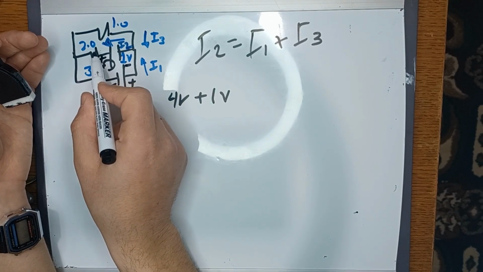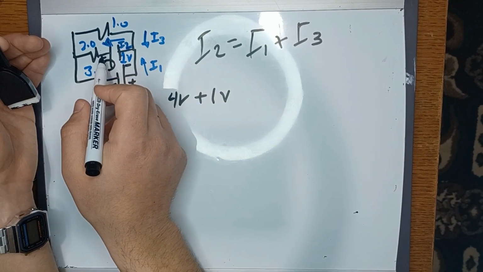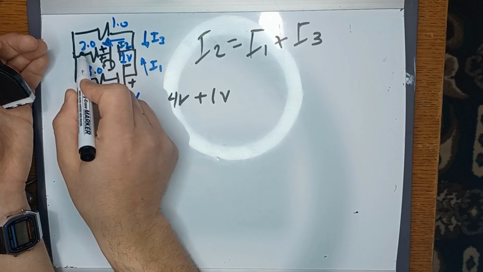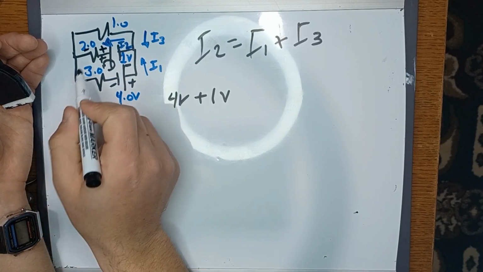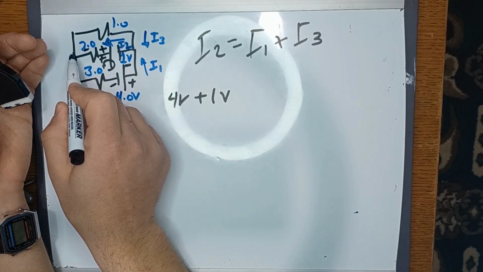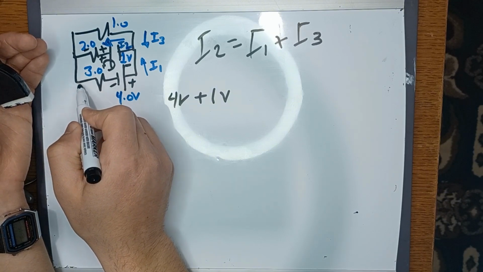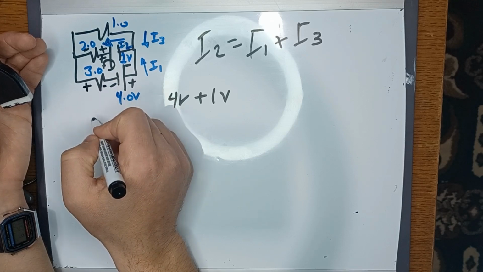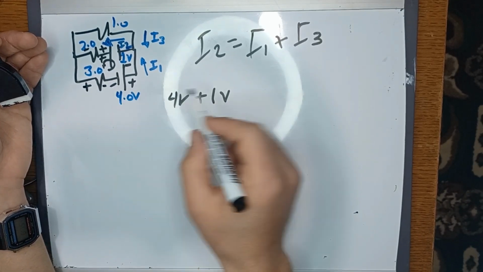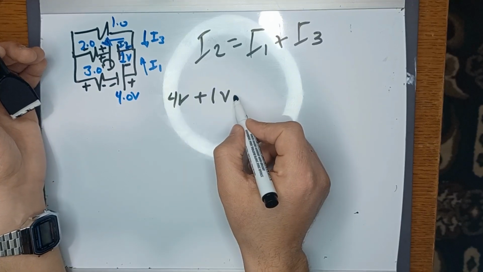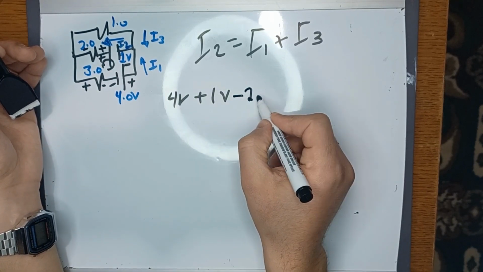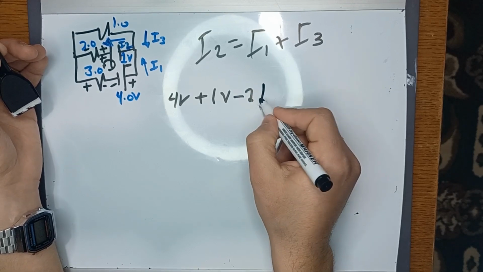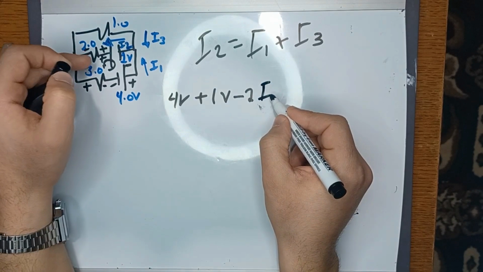And now for this resistor here, it would enter from the positive, exit from the negative. And so when it gets to the junction here, the circuit goes down here and it enters again from positive, exits from the negative. So that means we would have here negative 2.0, or I'll just remove the 0 here, 2, and this is I2.